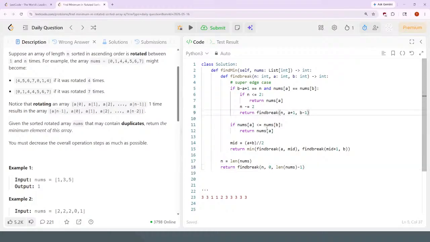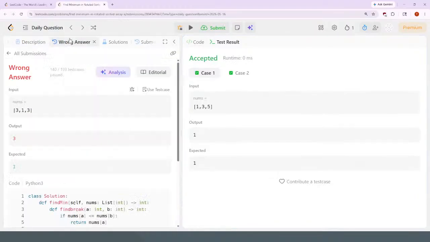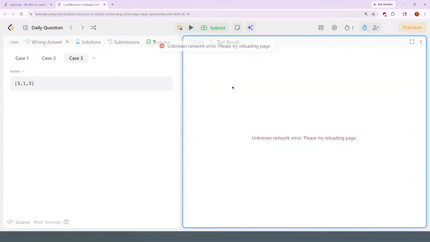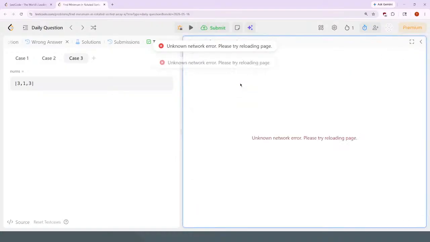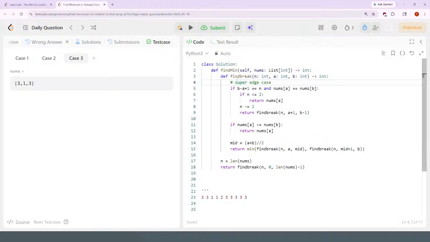And yeah, I think that works. Okay. Network error, what's going on?